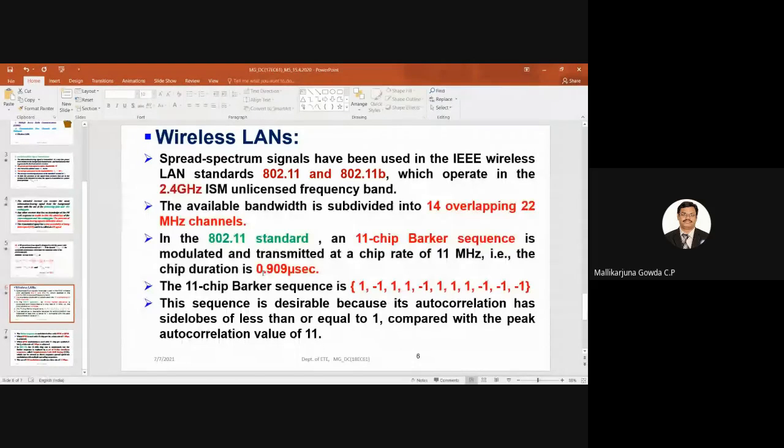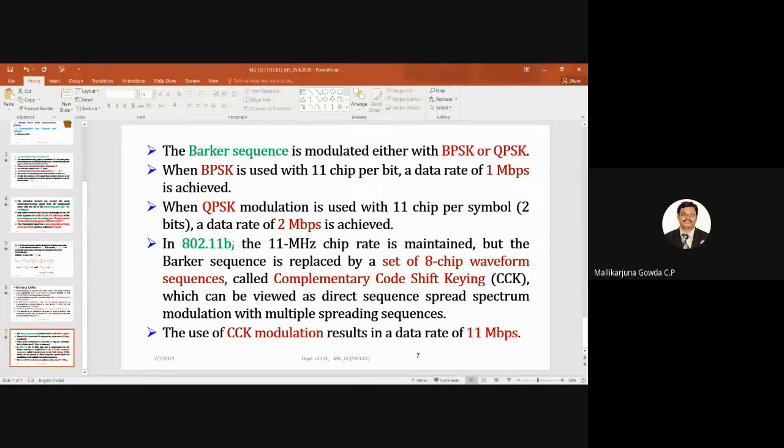Here we are saying what sequence is used, what type of modulation is used, and what data rate is achieved. In case of 802.11b, the 11 megahertz chip rate is maintained, but the Barker sequence is replaced by a set of 8 chip waveform sequences.